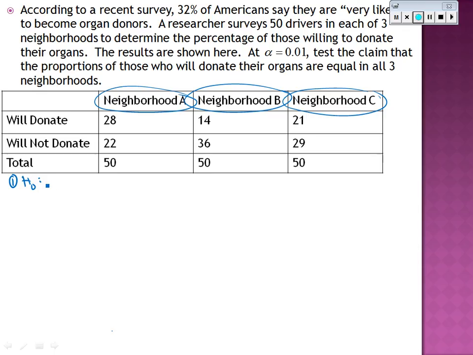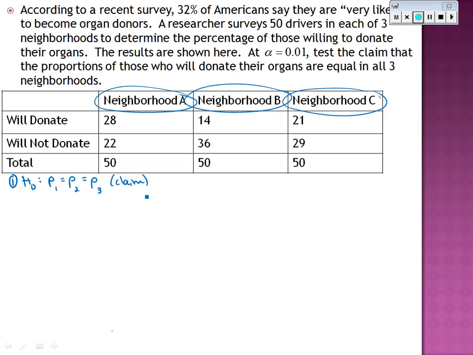You just have to do P sub 1 equals P sub 2 equals P sub 3. And we're trying to show that they're equal, so that one's our claim. So you don't have to go through and write out that the proportion of organ donors in neighborhood A will equal the proportion of organ donors in neighborhood B and all that stuff. So you don't have to get wordy with these.